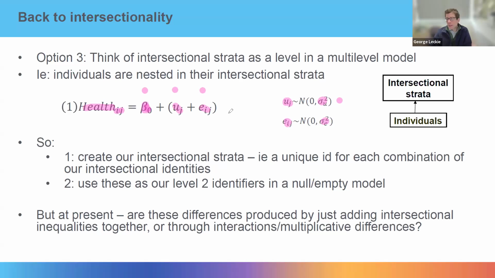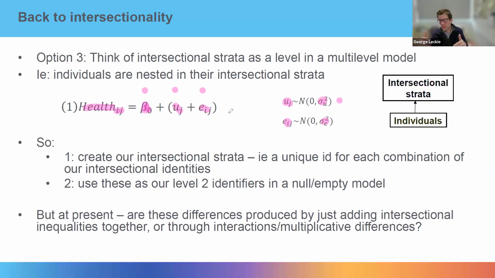Okay, so that's the first step of the analysis, which is just to quantify the importance of intersectional inequalities by fitting this model and calculating that VPC. Once we've done that and established, hey, there are these big intersectional inequalities, we then move on to the more nuanced question of, to what extent can those be characterized as simply due to the additive risk factors of the social identities?